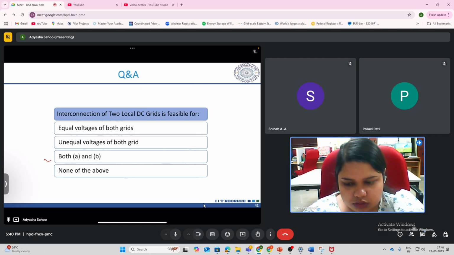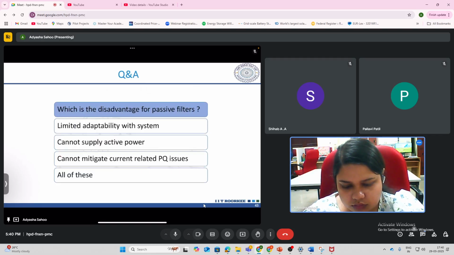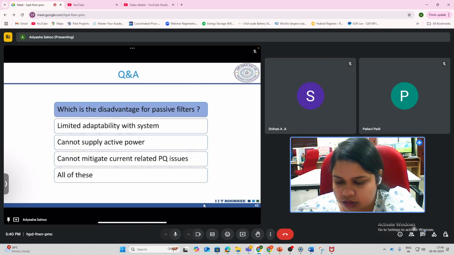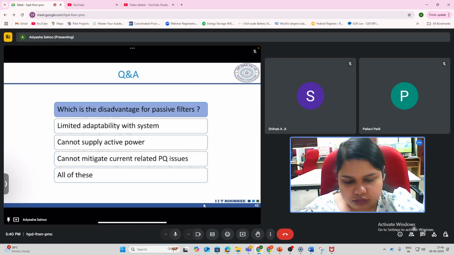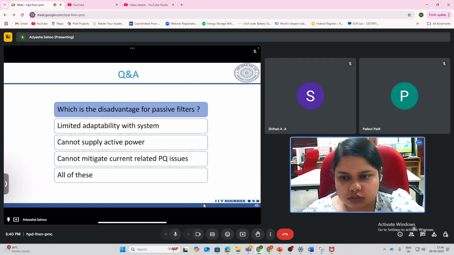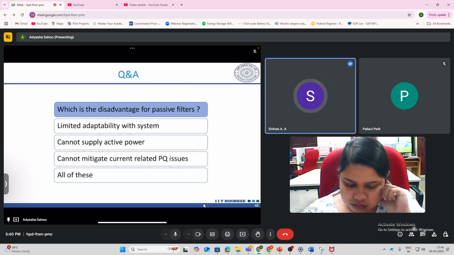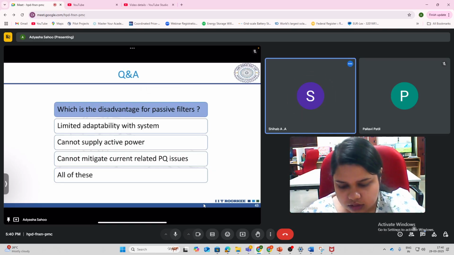We can do both. What is the disadvantage of a passive filter?